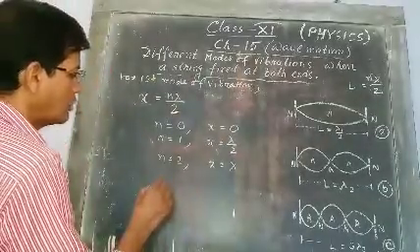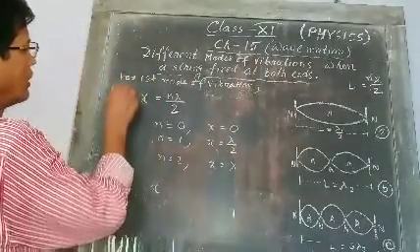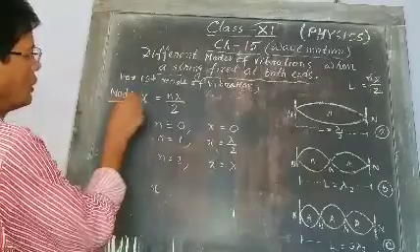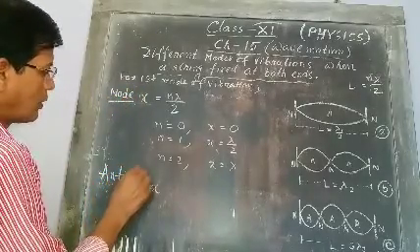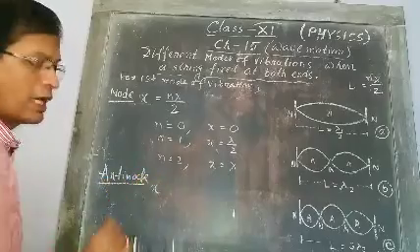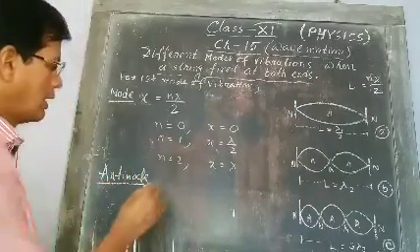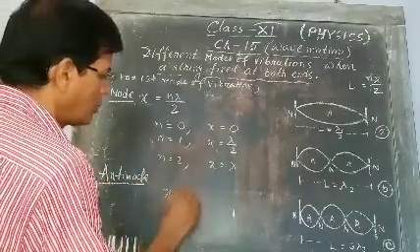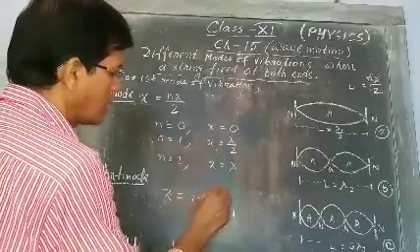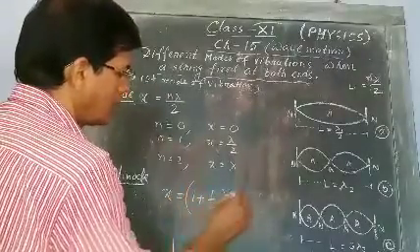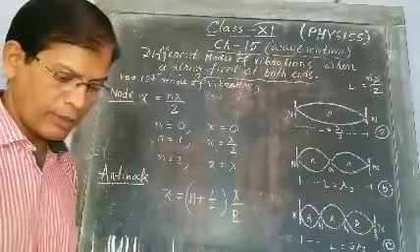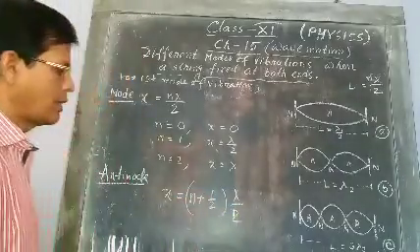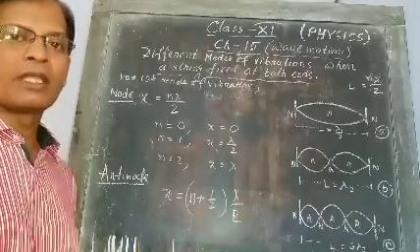And position of antinodes is between the nodes. Antinode is where there will be maximum amplitude. This is x equal to n plus half, lambda by 2. In this position, there will be antinode.